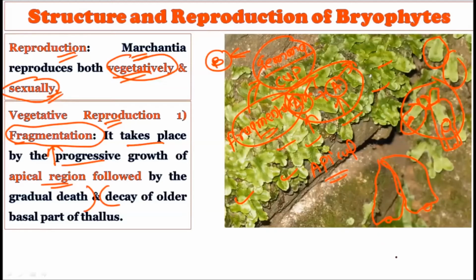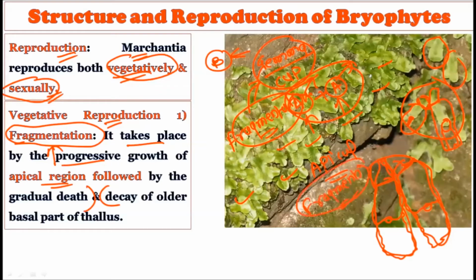It will grow forward, and the basal portion will die over a period of time, and now this is a whole new thallus. The same is true for this thallus as well. Some amount of thallus has grown here, the basal portion has died, and this thallus has been converted into a new thallus. So this is how, whenever fragments are created, these fragments have the ability to grow into a whole new plant.